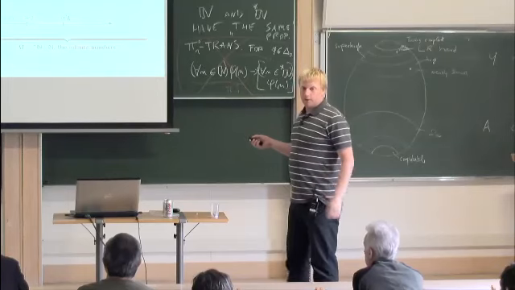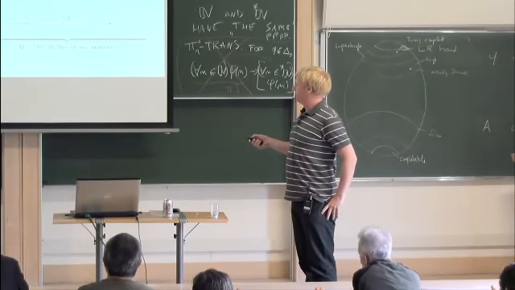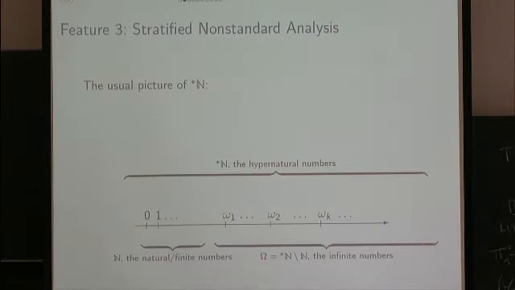The usual picture of a non-standard extension is, well, we have the natural numbers, which we call finite. A lot of new stuff is added, the infinite numbers, and all this together is *N, the hypernatural numbers. Now, the infinite numbers have to be split in two, in small and large numbers, say.